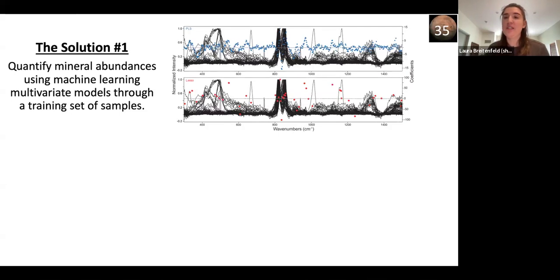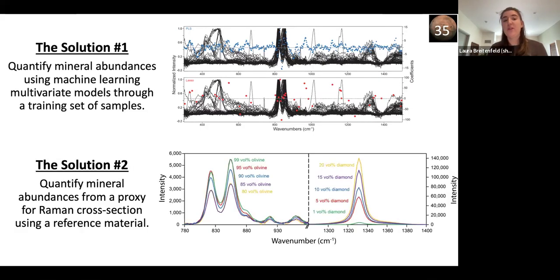So there are two solutions that I explored in this work. The first was to quantify mineral abundances using multivariate models through a training set of samples. This is very similar to what I just explained with my OSIRIS-REx and Bennu projects. Whereas the second solution is to quantify mineral abundances from a proxy for Raman cross-section. And I did this using a reference material. Here we're looking at different proportions of olivine mixed with diamond powder, our reference material.